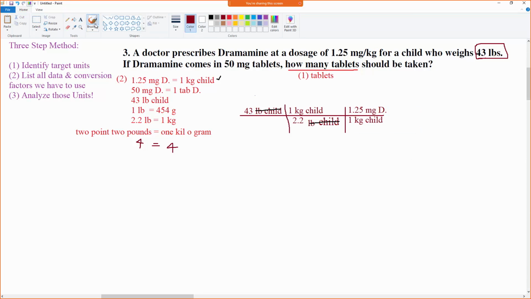And my kilogram of child cancels. And now I've got the milligrams of Dramamine that should be taken. What should we do next?